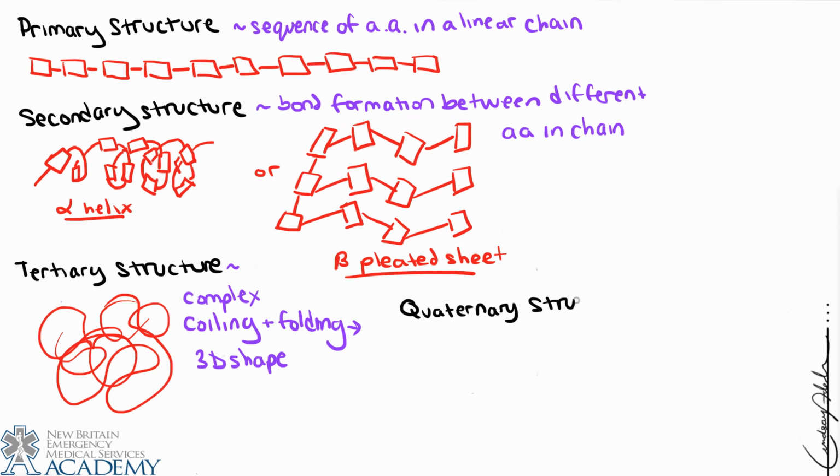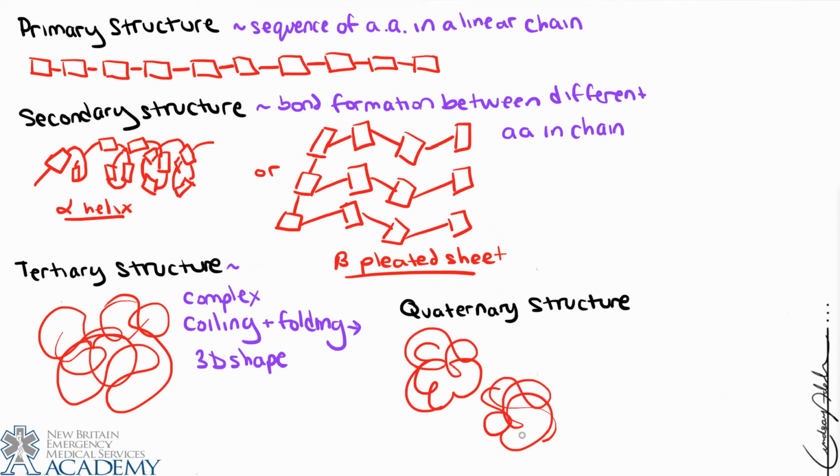But other proteins will have multiple subunits. We could take multiple primary structures of amino acid chains and fold them up, and then in a quaternary structure we can link them together. A quaternary structure is like a couple of different tertiary structures of proteins linked together to make a bigger protein.